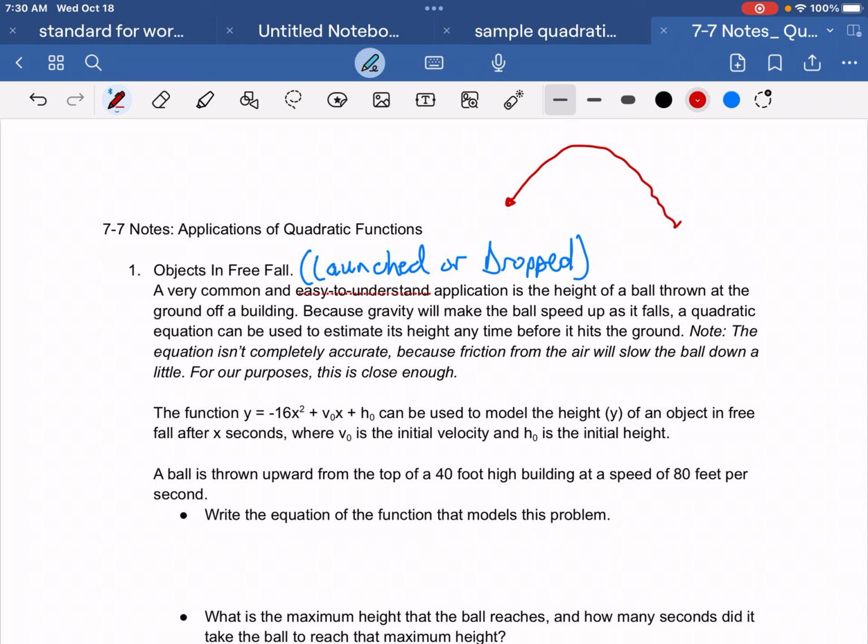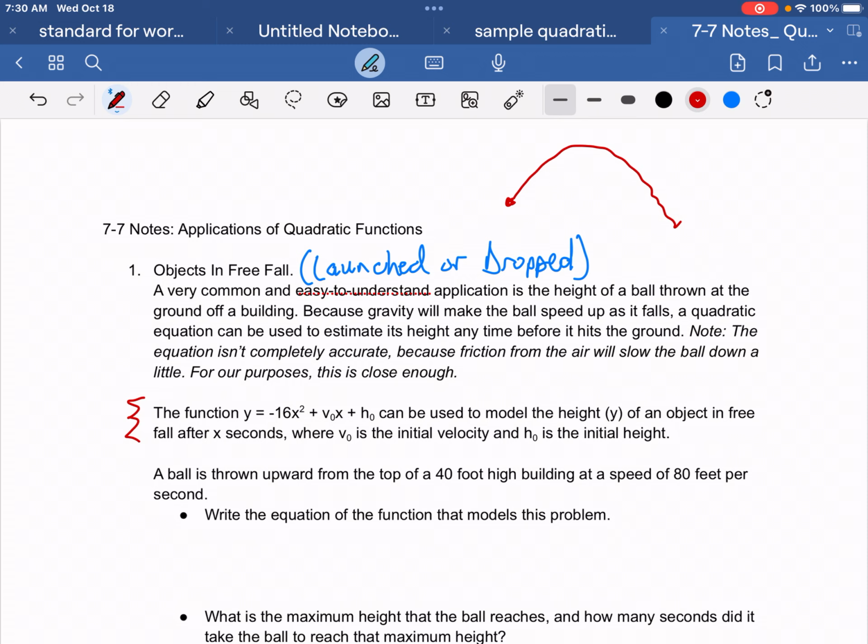It turns out that there's a function for projectile motion that is quadratic. y equals negative 16x squared plus v sub 0 x plus h subscript 0. Now, the negative 16 is always the coefficient; you'd have to ask a physics teacher.